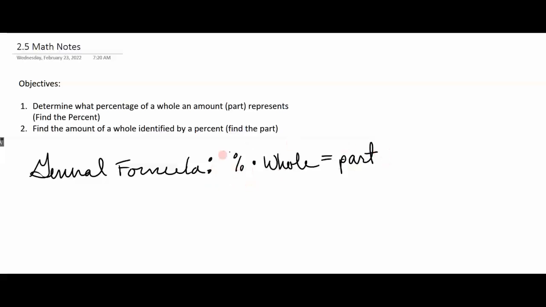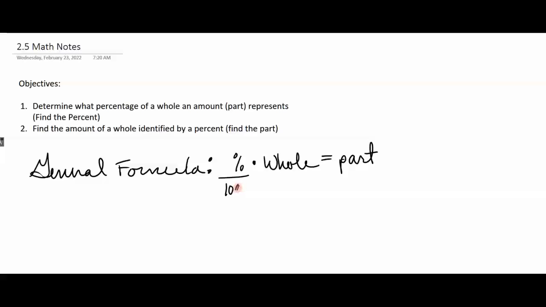A slightly longer way of writing this that avoids needing to keep conversions in your head is the percent, I like to write it as the percent over 100, times the whole equals the part. In fact, I'm just going to write 100 underneath that. You don't have to erase or rewrite.